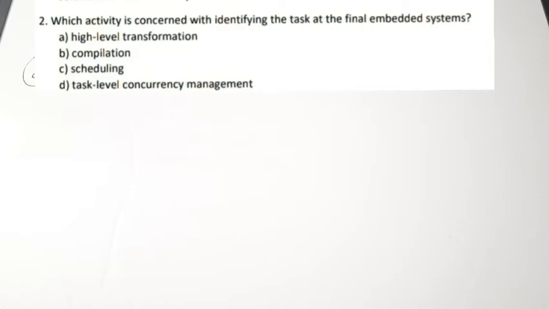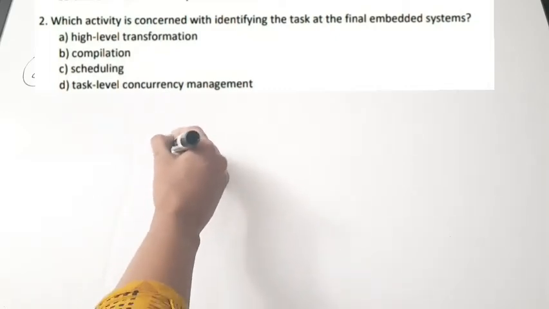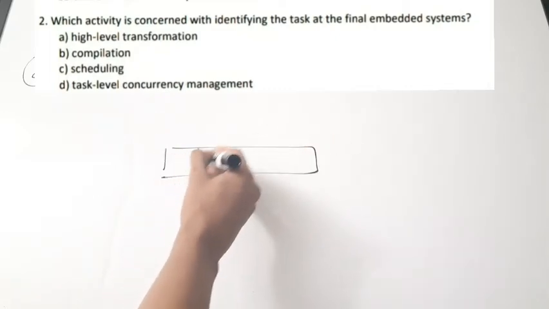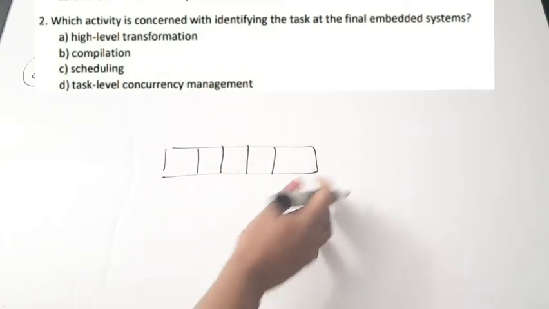So we have all studied a subject called operating systems, or at least you have studied real time operating systems, because we are EC, mostly we'll be studying RTOS only. Okay. So in RTOS, we have seen the process of identifying the tasks and assigning them to the processor.